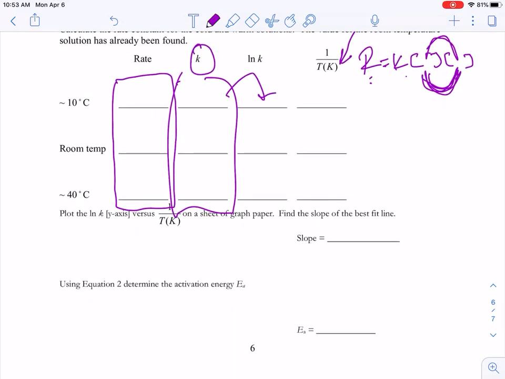Then, on another sheet of paper, graph it. Now, on your graphs, some of you are using Excel or whatever. Here's the problem for me. If you do that, it's tough for me to grade it, because then I have to open that up in another program.